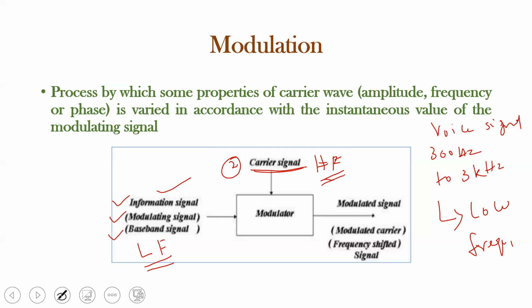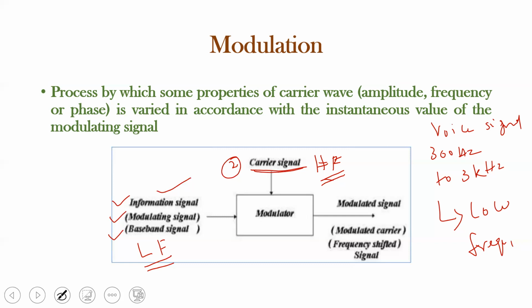Now, moving on to the definition of modulation. As I told, this carrier signal is going to carry the message, or, putting it the other way, the message signal rides over the carrier. Now, how can this message signal be superimposed on the carrier?